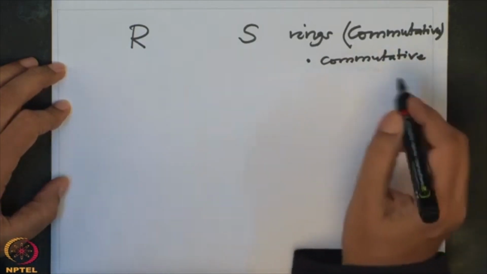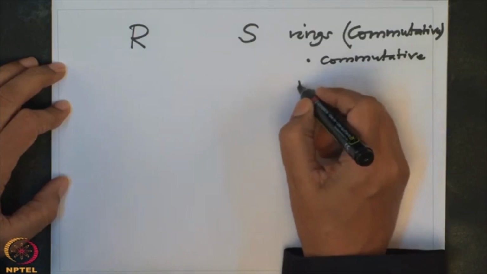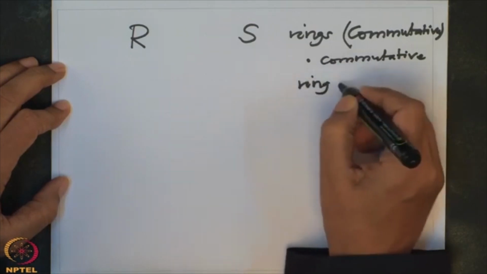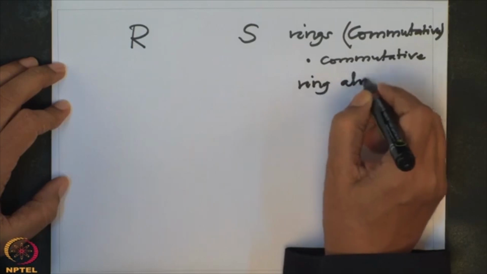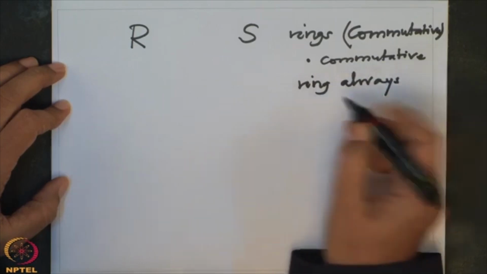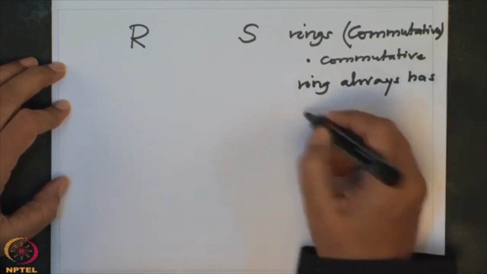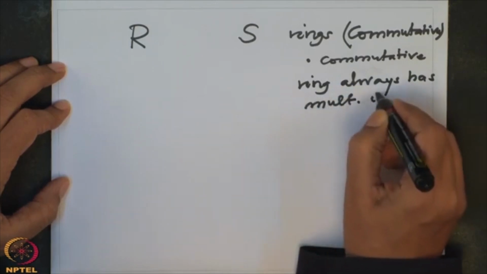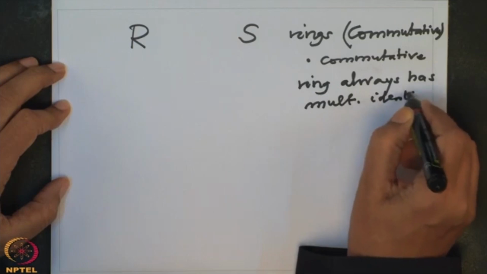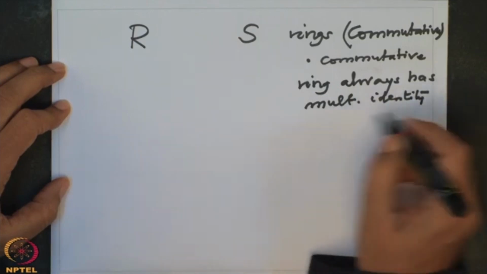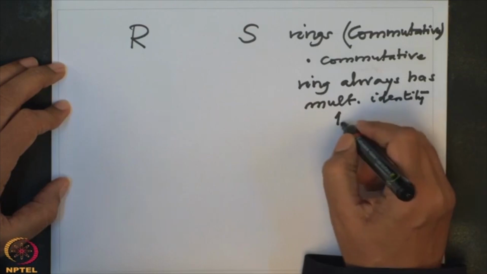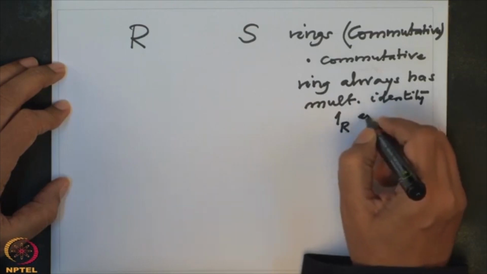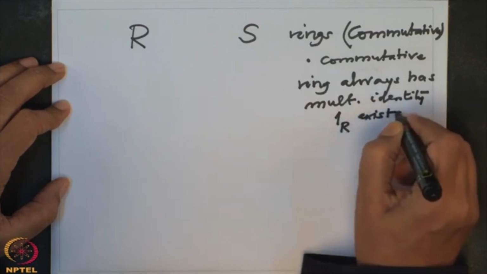And we will also assume always that a ring has a multiplicative identity, a multiplicative neutral element. That means 1_R always exists in our definition.